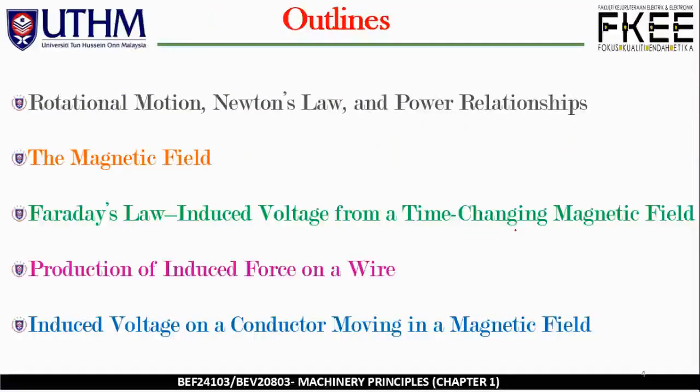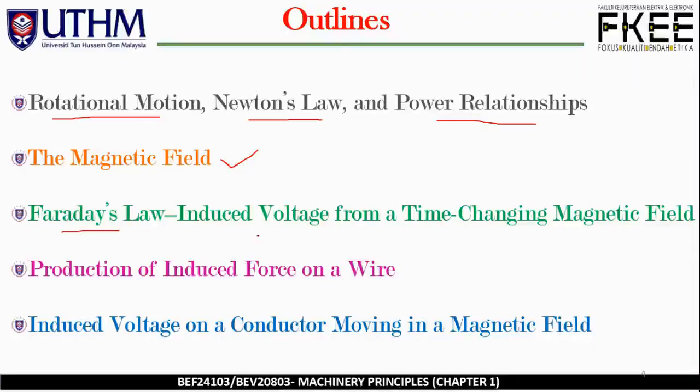Outlines of the entire chapter. First, we are going to see the rotational motion, in terms of Newton's law, and also the power relationship. Before we move on to the magnetic field: the definition, the orientations, the behavior, etc. And then we're going to see another law, namely Faraday's law.